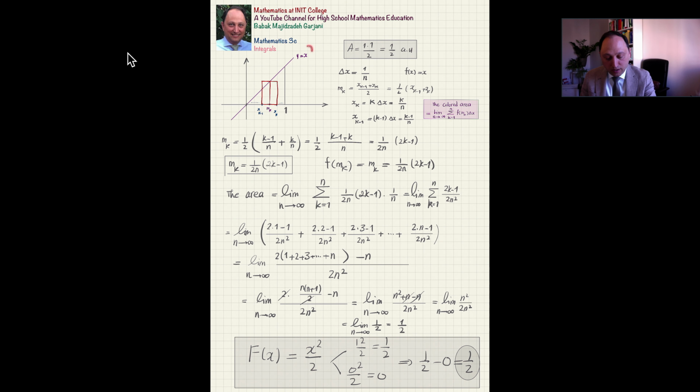But if I make this function a little bit harder, this method does not work at all because we don't know the area of those shapes. And this method will work, but we will destroy ourselves if we want to calculate everything here. The important thing is that sometimes it becomes impossible, but it is still possible to use this brilliant idea of Newton. Okay, thank you very much.